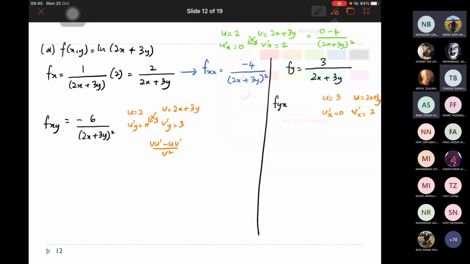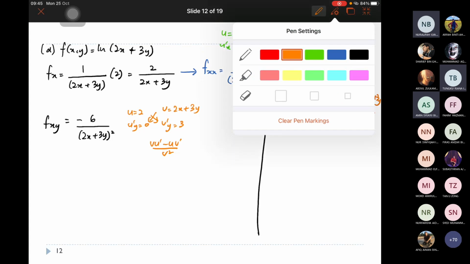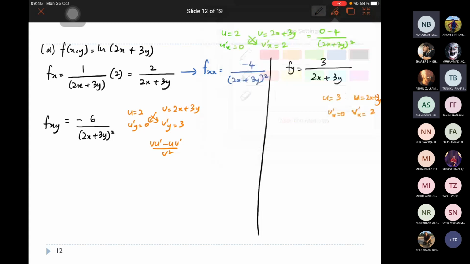So fyx akan sama dengan, okay, V U prime negatif 6 per 2x tambah 3y kuasa 2. Fyx akan sama dengan negatif 6 per 2x tambah 3y kuasa 2.